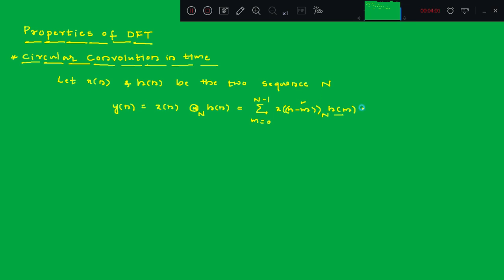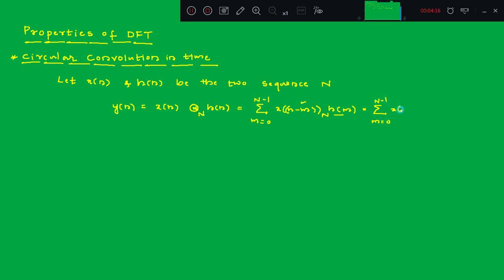And the same equation can be written as, you can keep x of n as it is, and you can shift h of m circularly also. So how? m equal to 0 to again N minus 1.